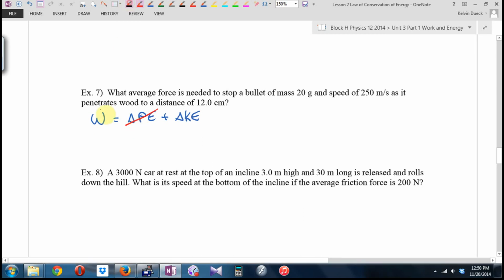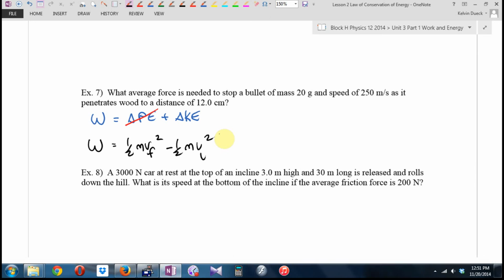I get half m v final squared minus half m v initial squared. Are any of those 0?